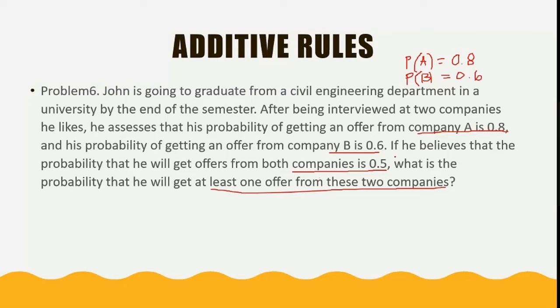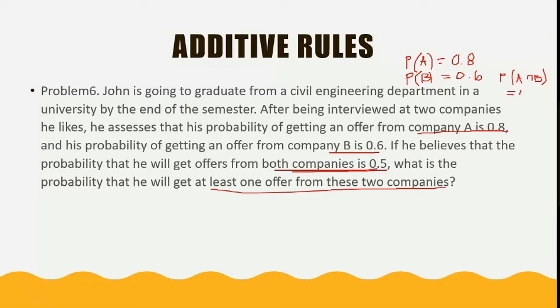Which means he believes that the probability of getting offers from both A and B, the probability of the intersection of A and B, is equal to 0.5.